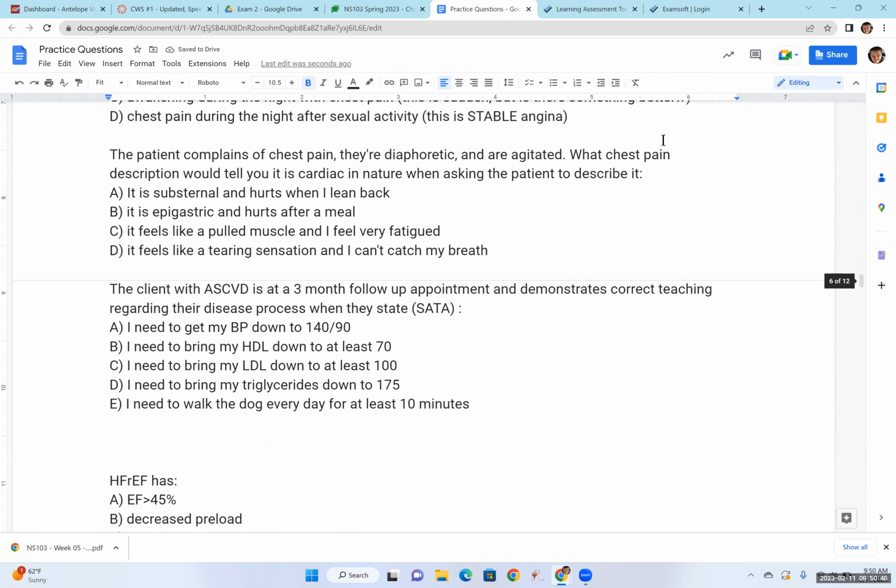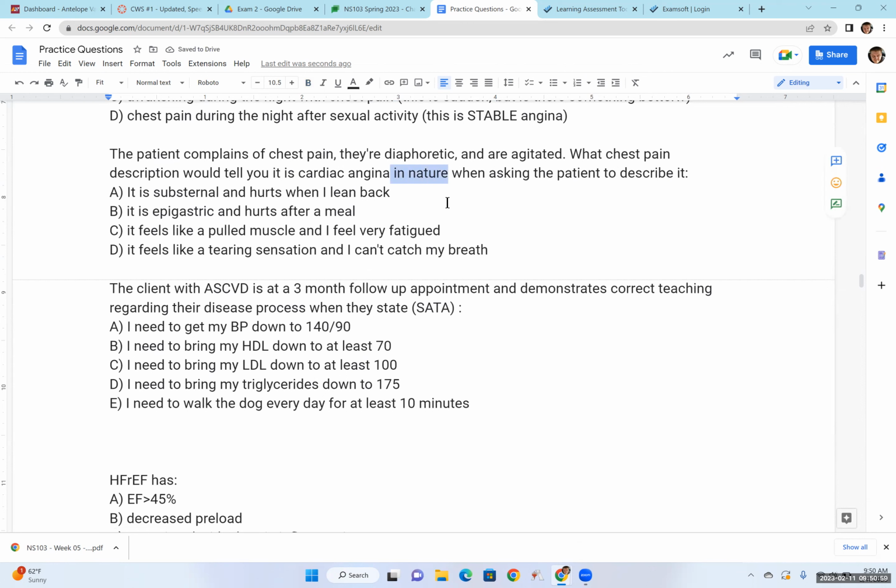All right. They have chest pain, diaphoretic, and agitated. Which chest pain description tells you it is cardiac in nature? All right. So substernal, hurts when I lean back. This is pericarditis, right? And epigastric and hurts after a meal. This is GERD, right? It feels like a pulled muscle and I feel very fatigued. It feels like a tearing sensation.